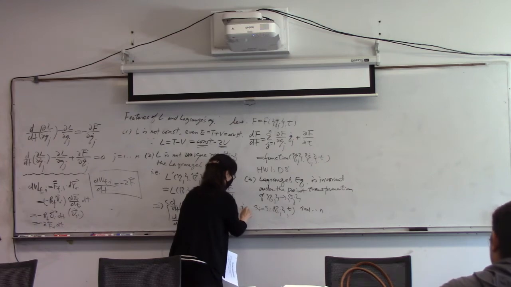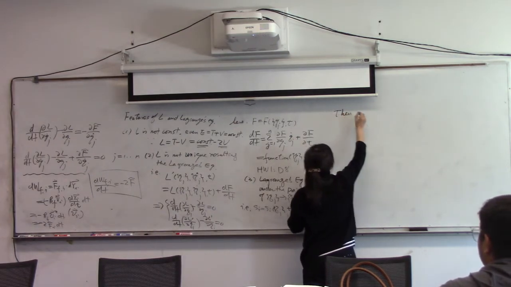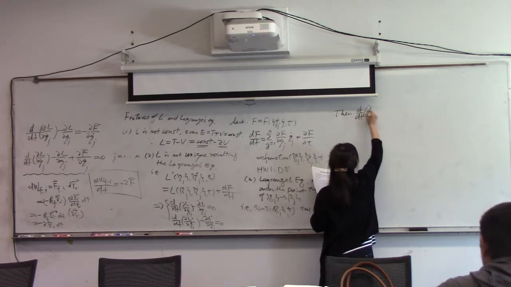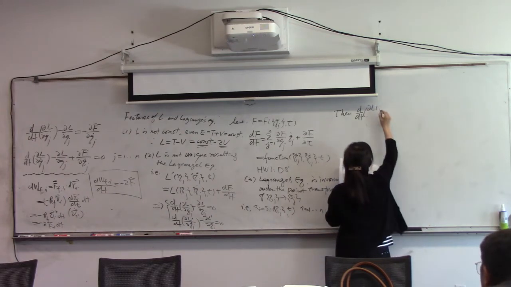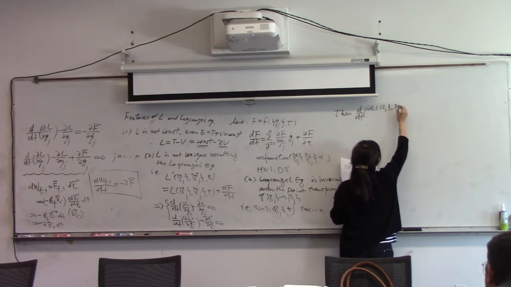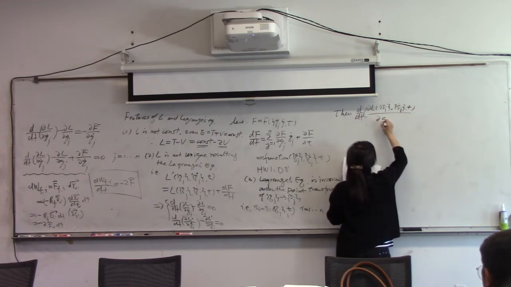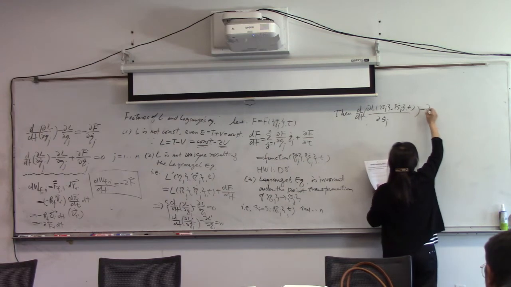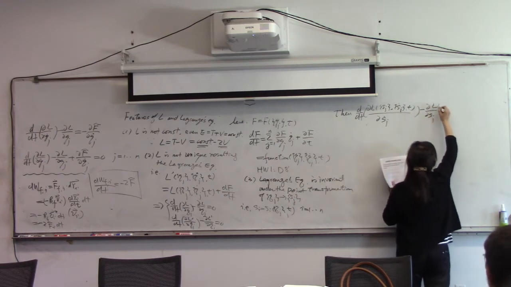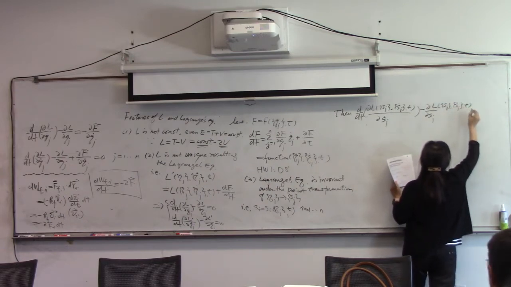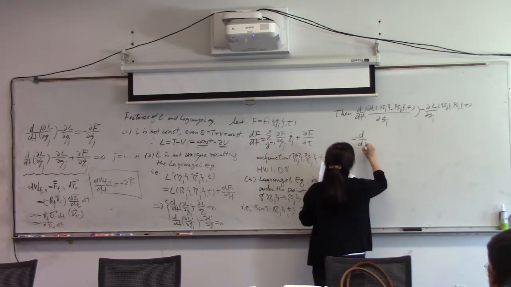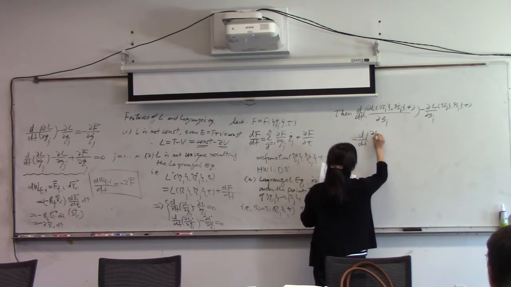Then d/dt of partial L, partial S j dot, minus partial L, partial S j, is equal to the corresponding Lagrange equation if the Lagrangian is a function of the general coordinates Qj.